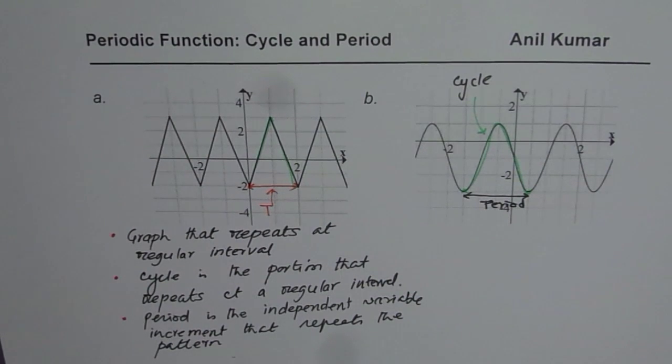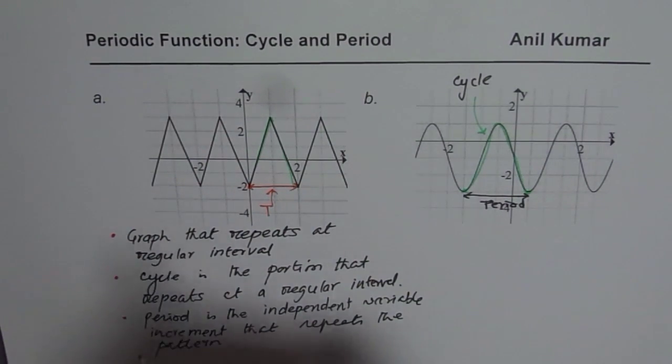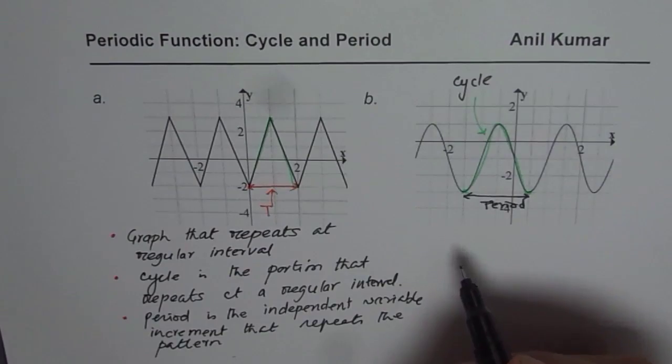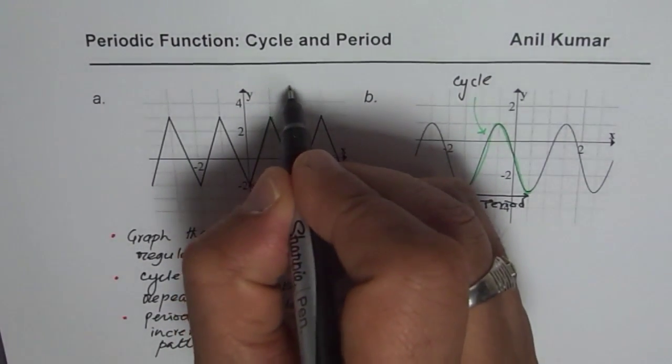Now let us define few more terms here which are kind of important to understand. So one is that we are always looking for a maximum and minimum value for such repeating patterns, and these are kind of important. So normally we have peaks, so we call those maximum values as peaks.